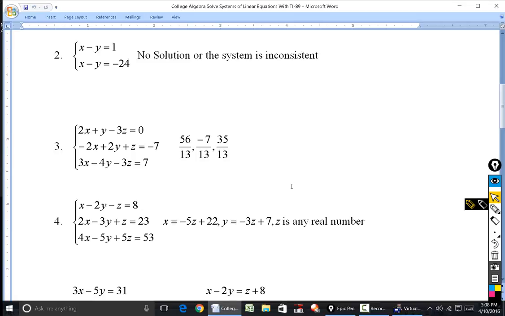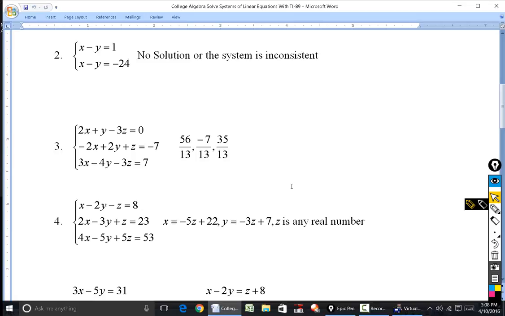Okay, the calculator tells you false, but that's what that means. Now in this particular case, if you were to try to solve this number 4 manually, you would get to the point where you would get something like 0 is equal to 0, which is telling you that there's an infinite solution. So it has many solutions.